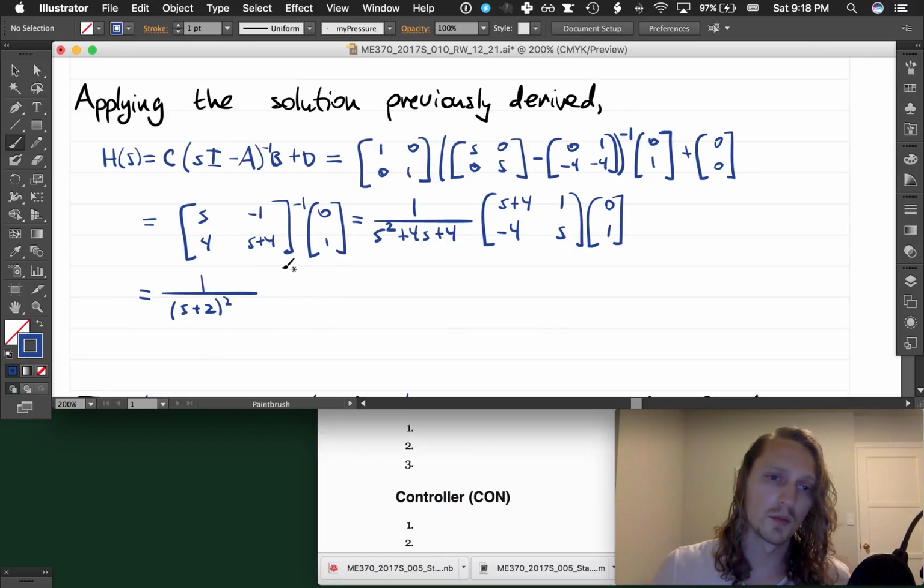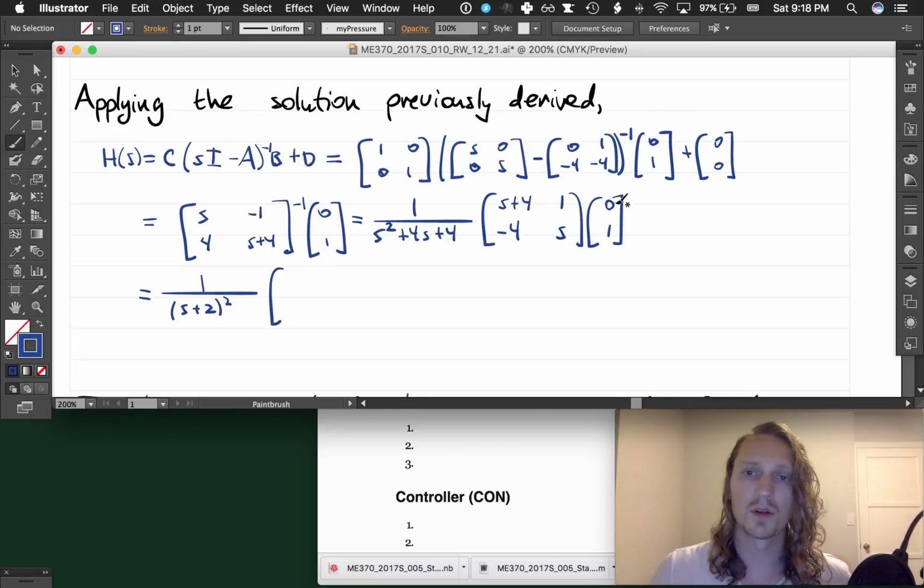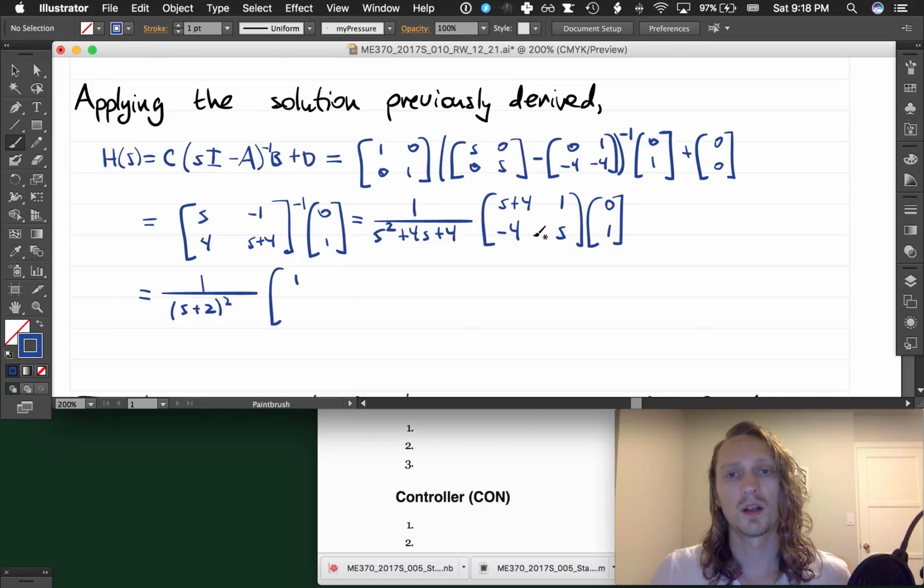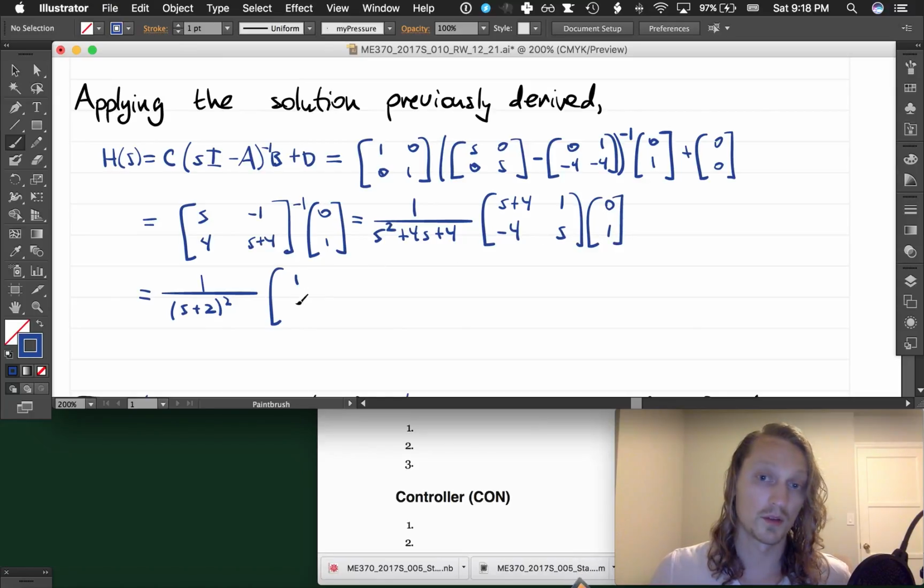And that is multiplying s plus 4 times 0, or 0. 1 times 1 is 1, so 1. And we have negative 4 times 0 is 0, and s times 1 is s. So that is what's left of this matrix multiplication.